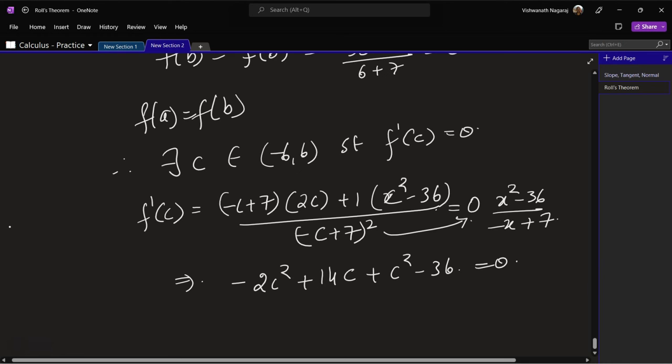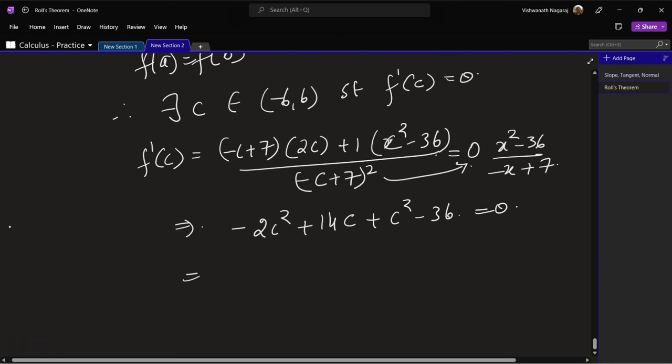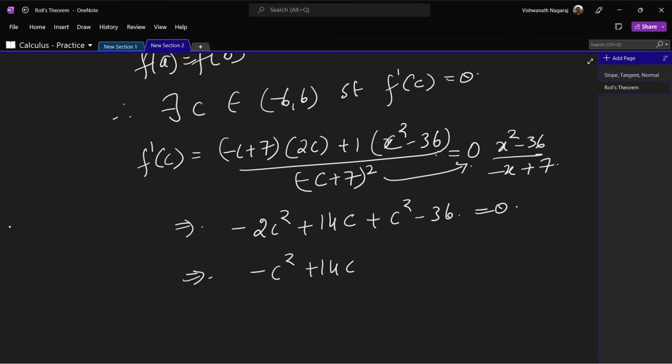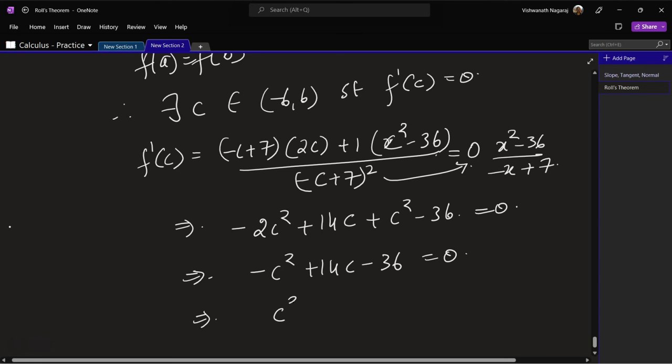This will disappear, denominator, which gives us minus c square plus 14c minus 36 equal to 0, which implies c square minus 14c plus 36 equal to 0.